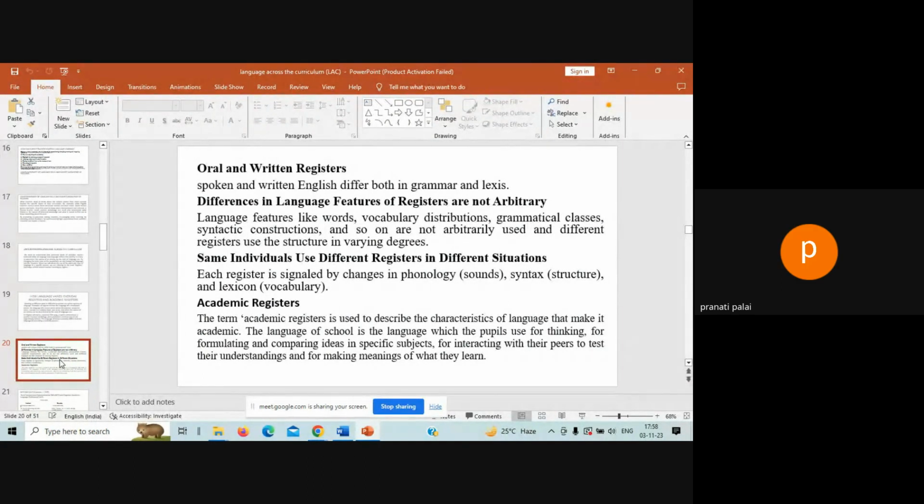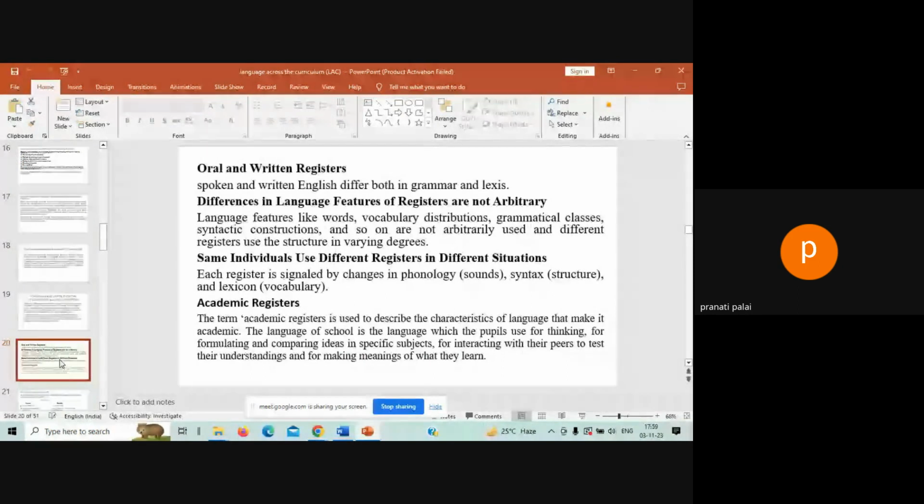Pronunciation difference. Okay, it is oral register. What about written register? We are comparing the oral register with written register. Communication is oral communication. Yes or no? Yes, sir. Yes, ma'am. Okay. So we are comparing here between oral and written registers.